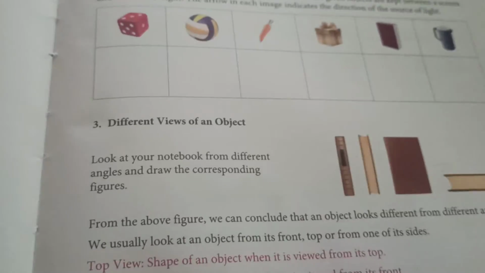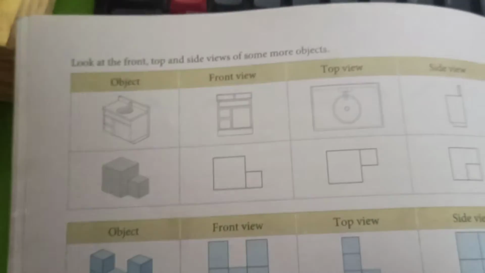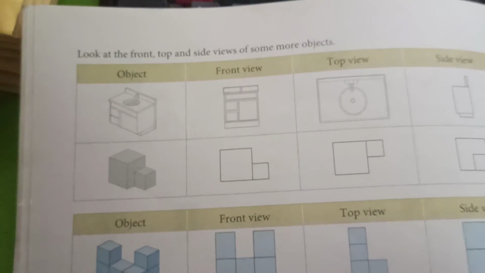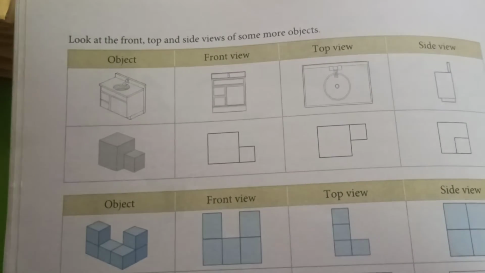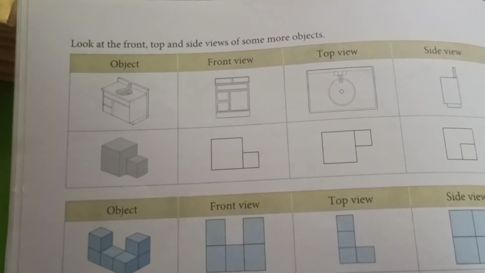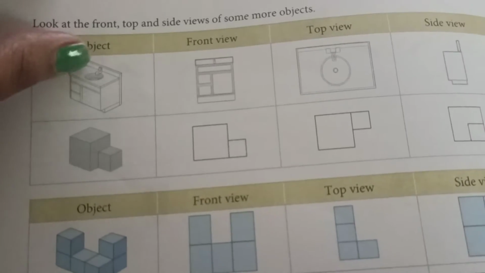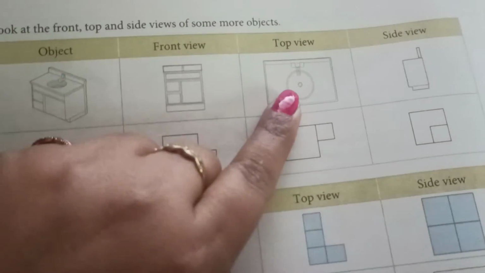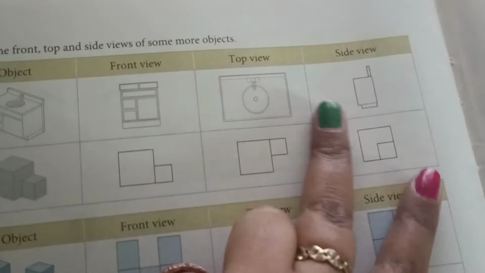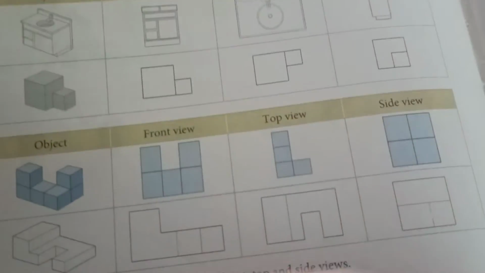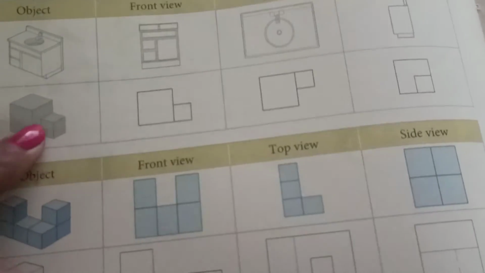Now next, see, one table is there. Look at the front, top and side views of some more objects. See this one, this is the object. Front view is this one. Top is this, the upper part, and side will be this one. Right? This box, the front view looks like just one square and the side one more square.